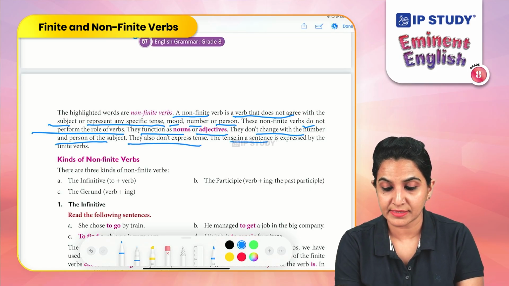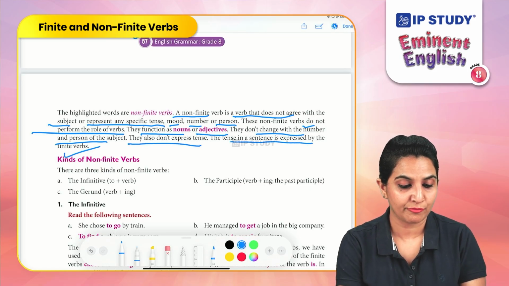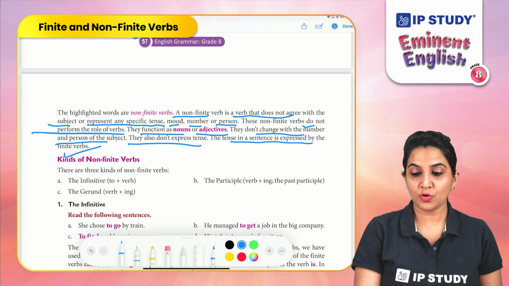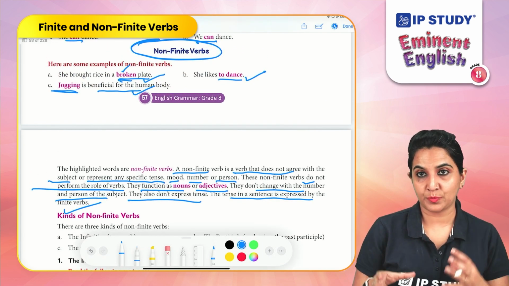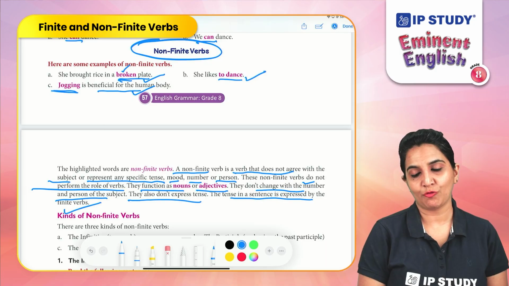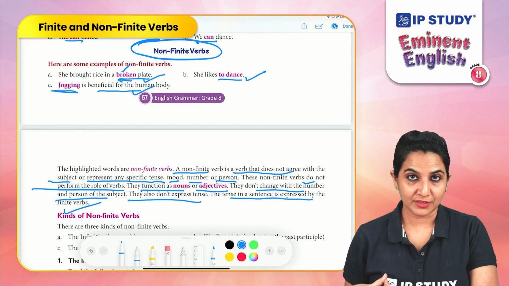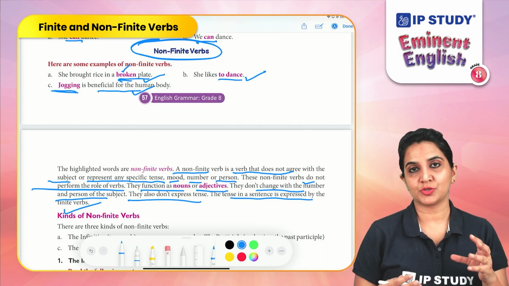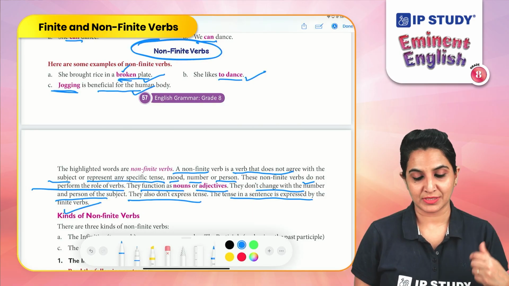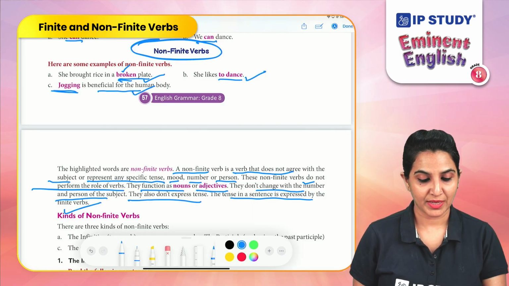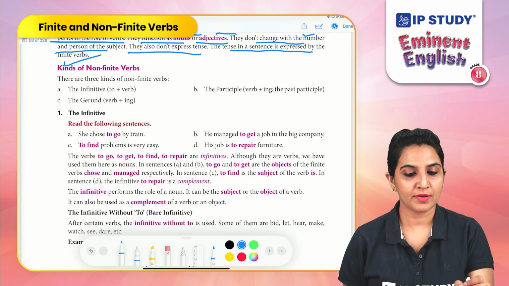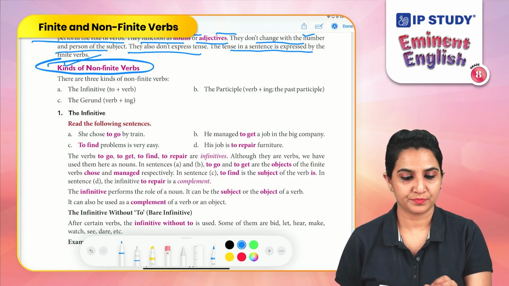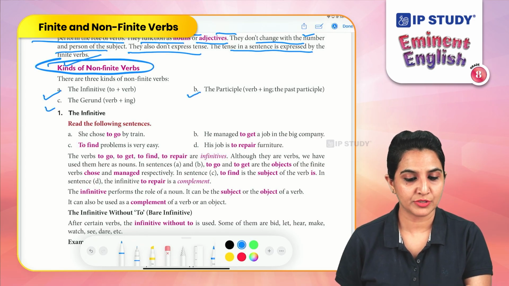The tense in a sentence is expressed by the finite verbs. So, the tenses are expressed by the finite verbs, but the non-finite verbs function more as nouns and adjectives. There are three kinds of non-finite verbs: the infinitive, the participle, and the gerund.